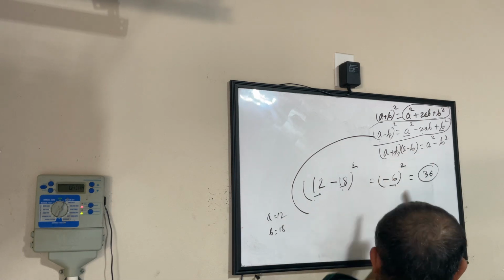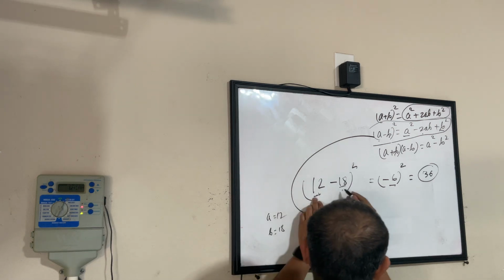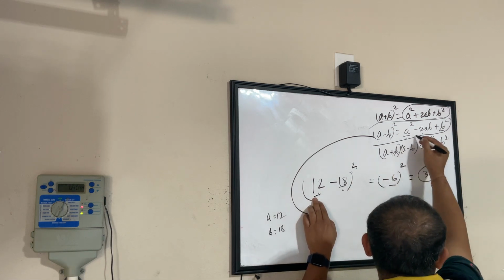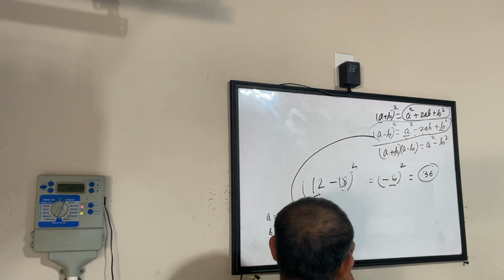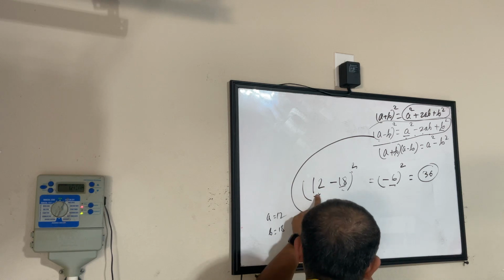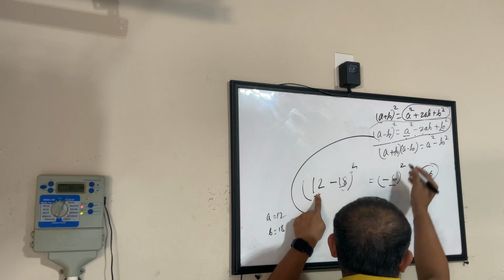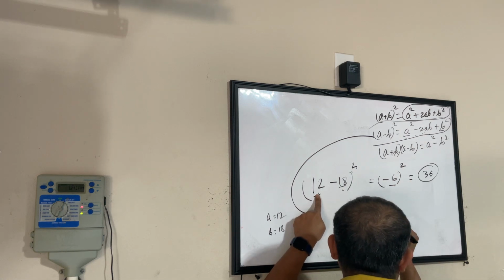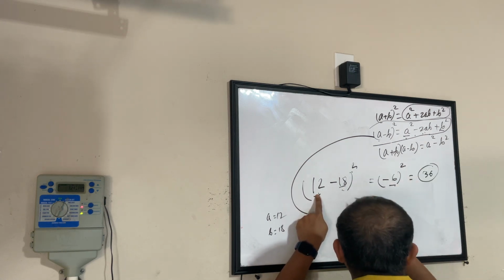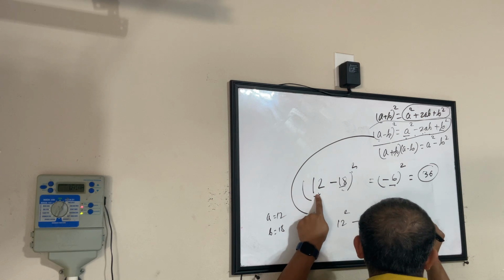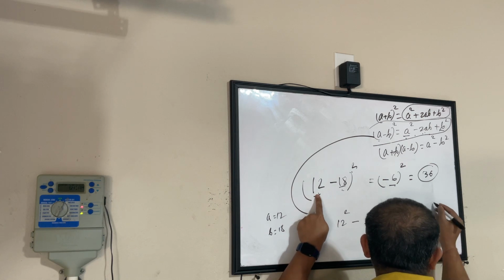What it says: a minus b whole squared equals a squared minus 2ab plus b squared. So a squared, that is 12 squared, minus 2 into 12 into 18, plus b squared, that is 18 squared.